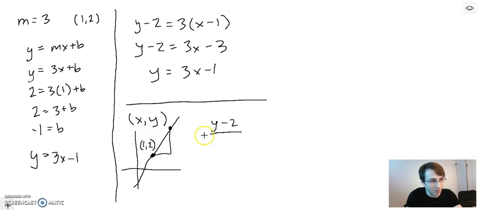So x minus 1. And that's the slope of the line, which we already know is 3. So if you multiply both sides by x minus 1, you get y minus 2 equals 3 times (x minus 1), which is exactly what we had up here.